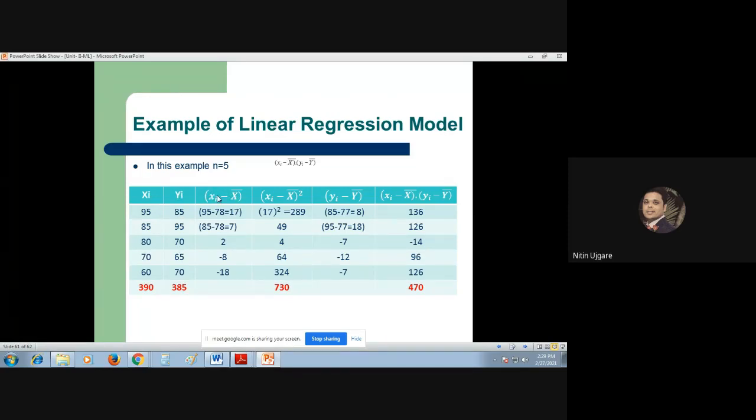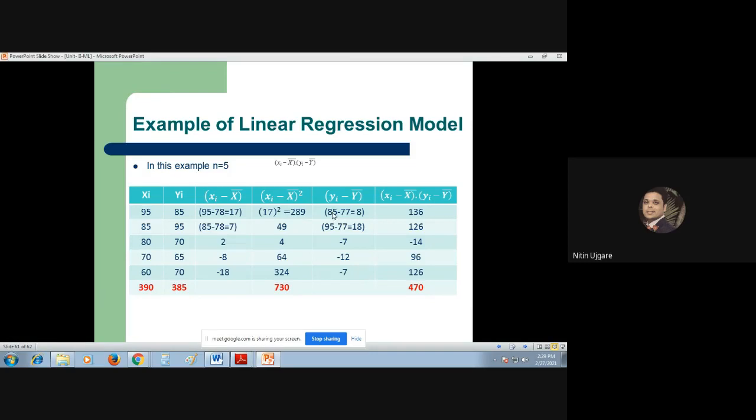Then we calculated xi minus x bar, हर एक इंस्टेंस को अपने मीन से सब्सट्रैक्ट किया और जो भी वैल्यू आती है उसका स्क्वायर लिया, because we need this (xi minus x bar) squared. So what is the sum of this column? The sum of this column is 730.